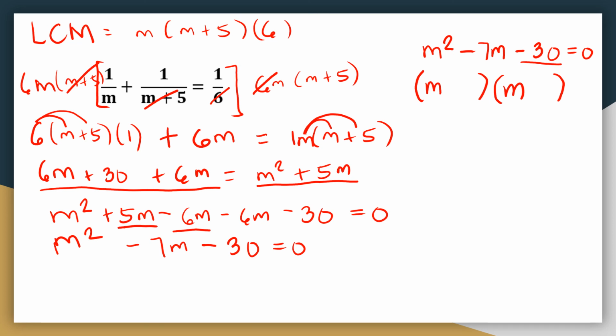The factors of our given are m minus 10 times m plus 3 equals 0. By zero product property, m minus 10 is equal to 0, and m plus 3 is equal to 0. So the roots are m equals 10 and m equals negative 3.